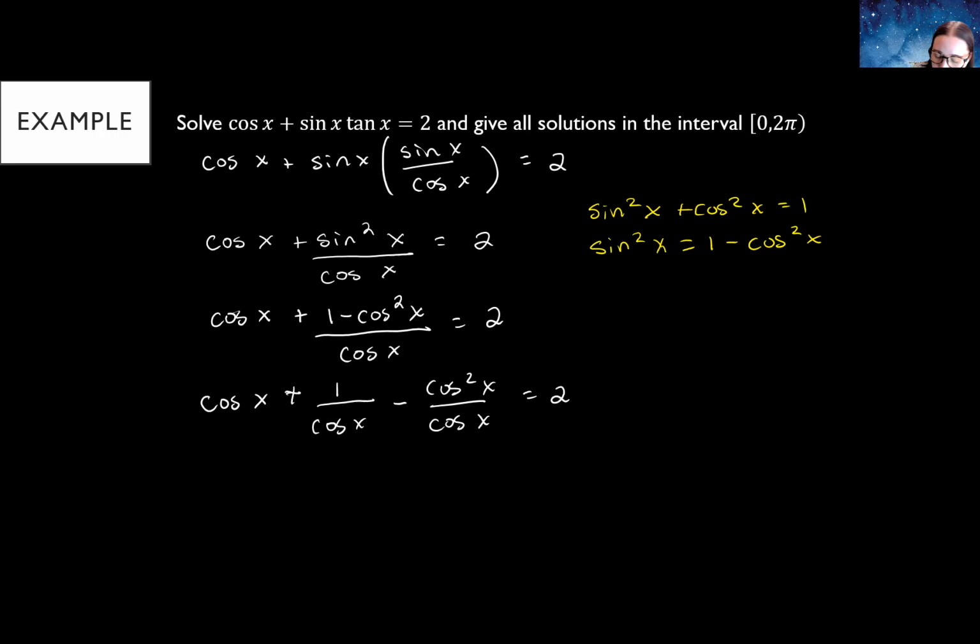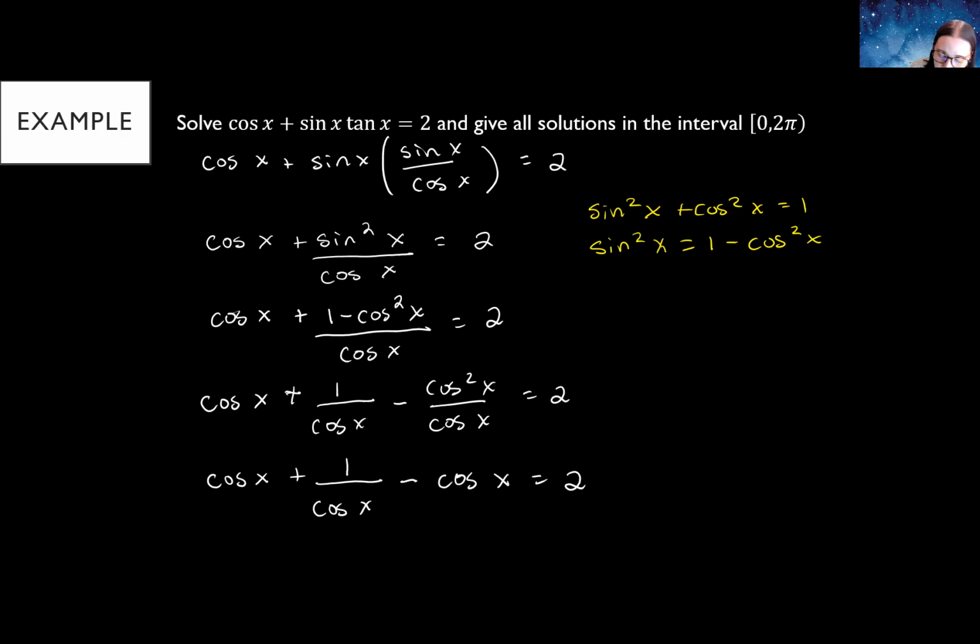This allows us to cancel out the cosine squared x over cosine x. So I have cosine x plus 1 over cosine x minus, I was about to write a plus, it's a minus, cosine x equals 2. In the cosine squared over cosine, one of the cosines cancels, and you're just left with the cosine x.